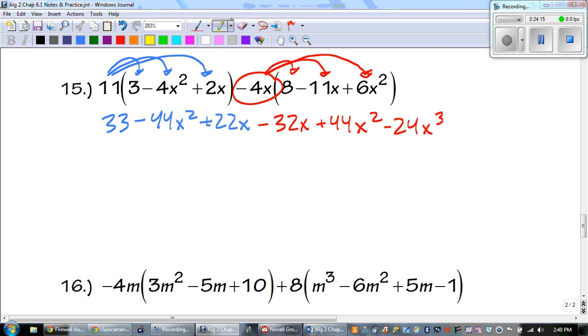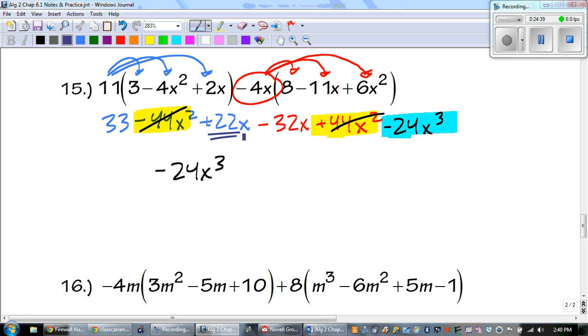Okay, so as I'm going through this, the first thing I notice is it's my only x cubed. So negative 24x cubed goes out in front. Next, I'm looking for my x squared, so negative 44 and a positive 44. Well, what do you know? Those cross out.